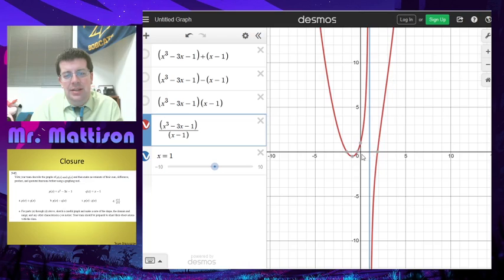So what you're seeing is a parabola graph, but it has this asymptote right through the middle of it. And it's that asymptote which is causing our parabola to not be able to go where it wants to go. Instead it has to go towards it, then follow this asymptote, and it goes up early. Then on this side, it's going down towards it, and it says, oops, I can't cross the asymptote. I have to start heading down and just follow it down as far as I can go.